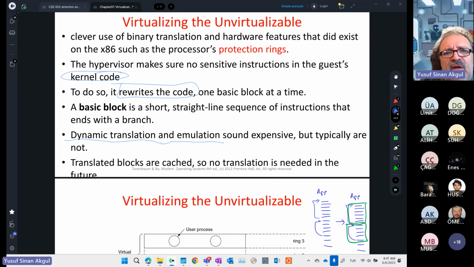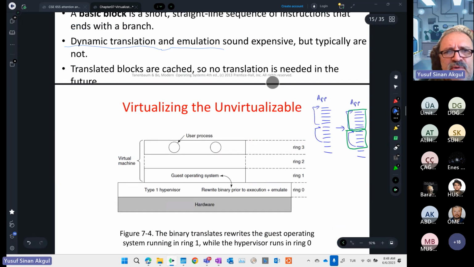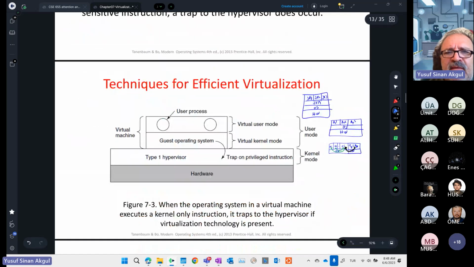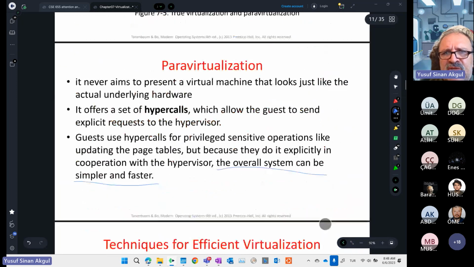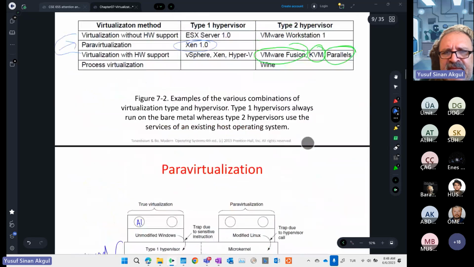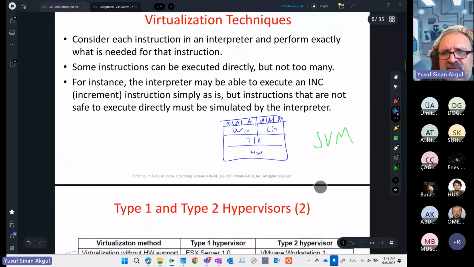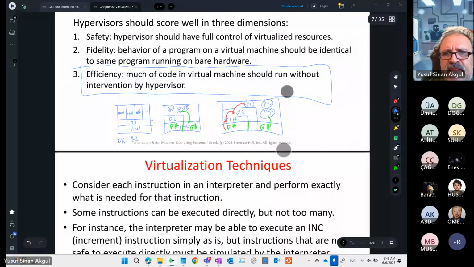Okay. How about the hardware support? What do I mean by hardware support? Let me show you. Remember the figure I drew yesterday? Where is my figure? Yeah.